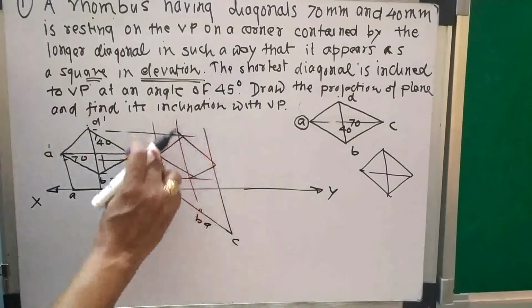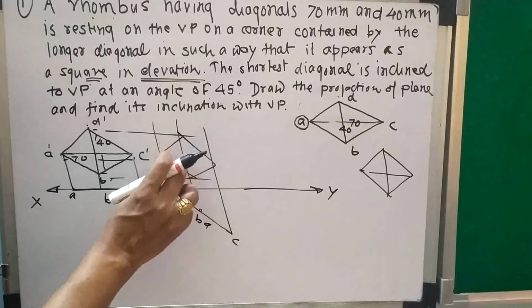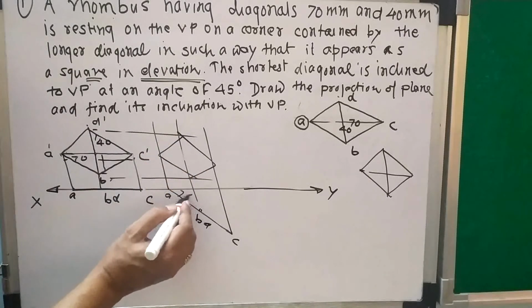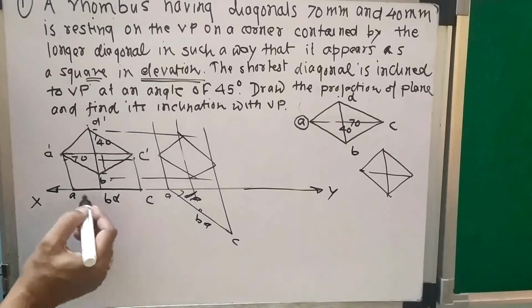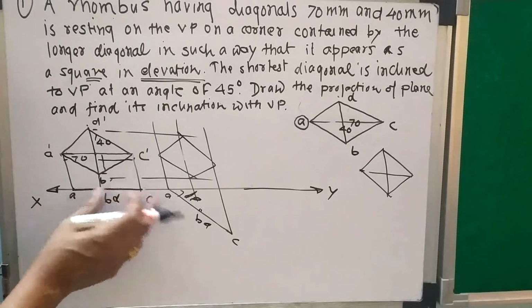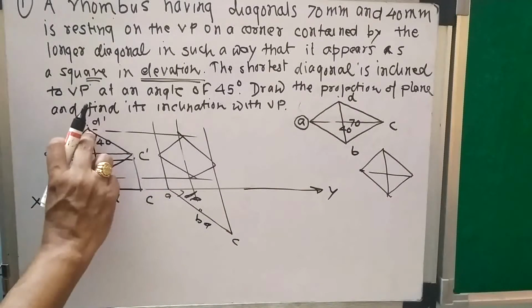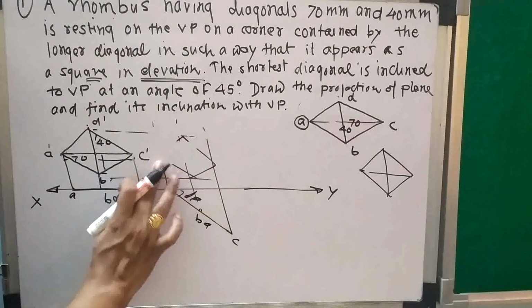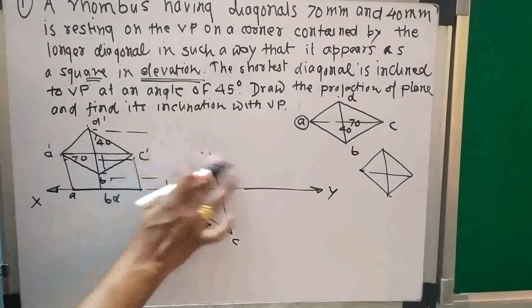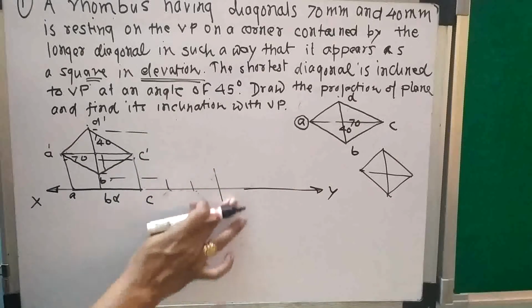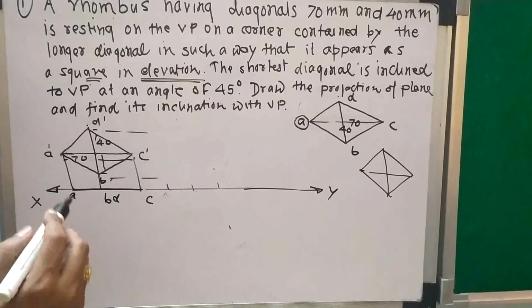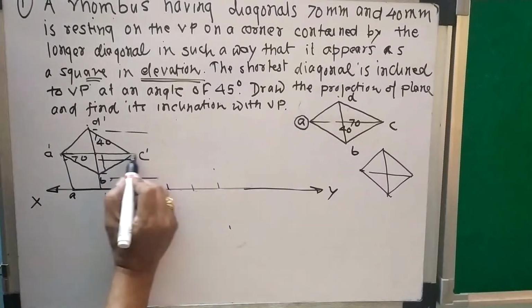So I will construct this square here of diagonals 40 by 40 and then I will find out this inclination with VP, because I don't directly know what this inclination is. Instead, I know that this rhombus appeared as a square. So I will construct this square first here in the elevation and then I will get the inclination with VP. So I will project this.